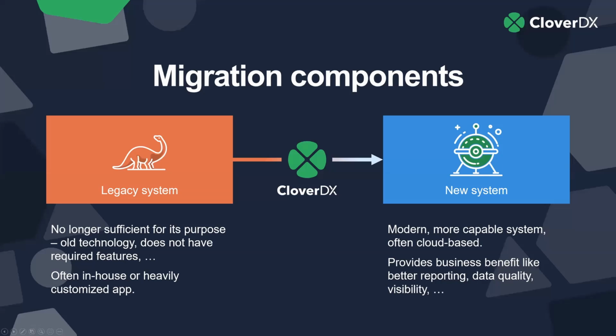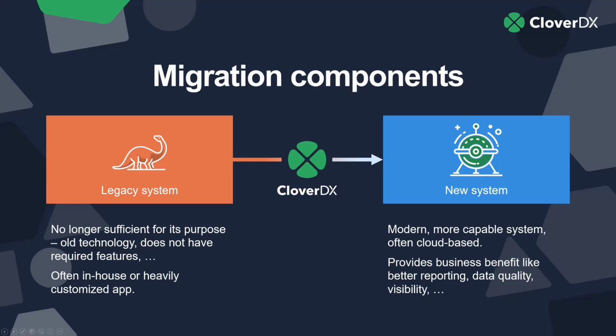The typical components of migration projects are, on one hand, the legacy systems. On the other hand, those are the new systems. Very typical, especially in CloverDX, because people usually come to us with very complex problems and very complex data migration projects, is that there are actually multiple of these legacy systems.